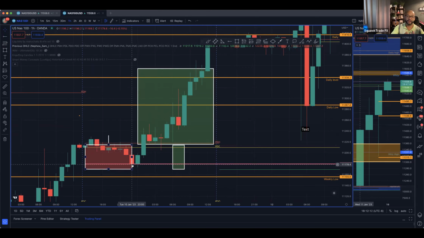So for me, step one is price has got to return to one of my weekly levels. So price here in Asia market returns to one of my weekly levels. Two, the market has got to show me signs of the reversal of Asia. And here's the reversal of Asia.